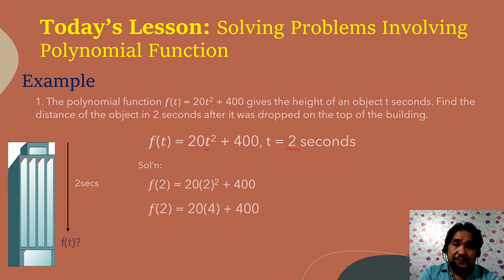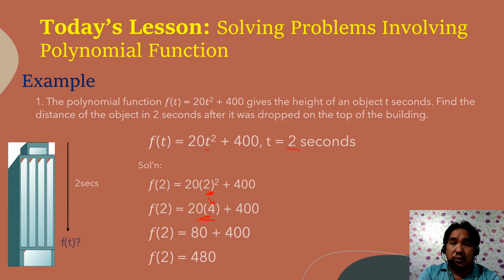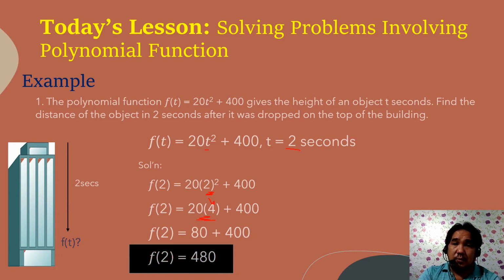What is 2 squared? 2 squared is actually 4. Then 20 times 4 is 80. Let us just copy the 400 here. Adding 80 and 400, the answer is 480. Therefore, if we drop the object from the top of the building, after 2 seconds it will be 480.